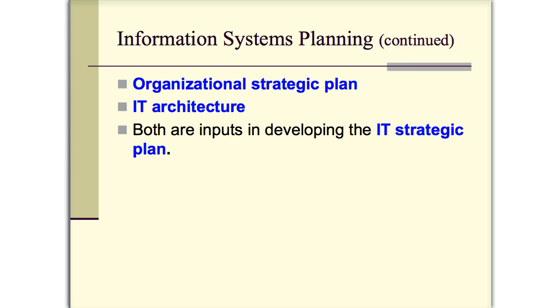So like I stated earlier, you have that organizational strategic plan, and it's stating the overall mission and the goals for the organization. Your IT architecture looks at the way that the organization's information resources are used throughout the organization to accomplish its goals or mission. And then both of these together go into that IT strategic plan.